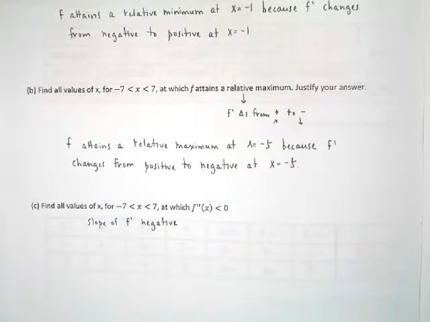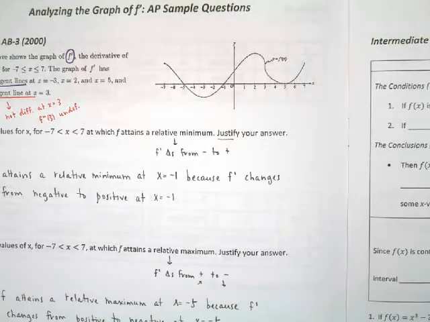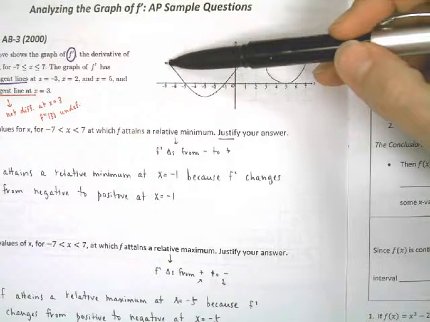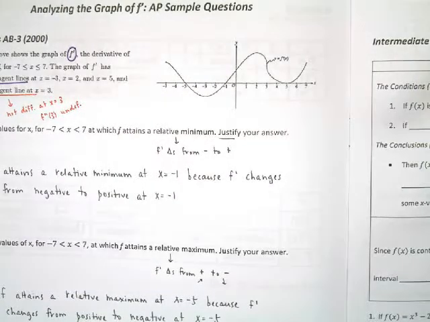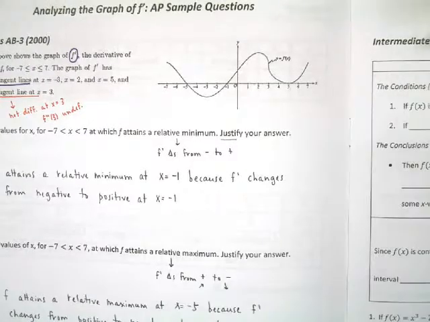So that's what I'm going to look for on this graph. Going back up here, I can see that I have a negative slope from -7 to -3. That's going to be my first interval.